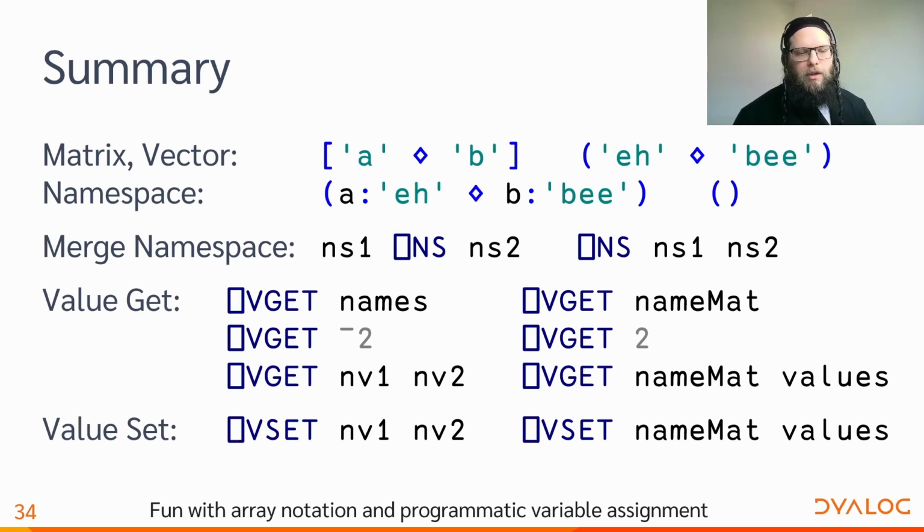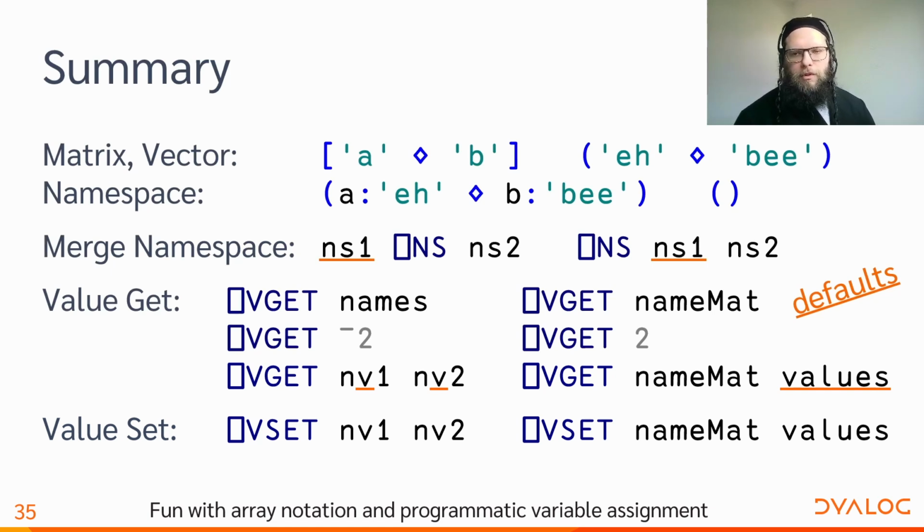And finally, we have this way of setting things without using execute. Again, we can use either name value pairs, or we can use a single matrix of names and then a list of values. And just remember that we have all these defaults. These are good ways of setting defaults. When we're using parameter namespaces, then the default of quad-ns is the left argument, and anything that comes from the right overwrites the default.